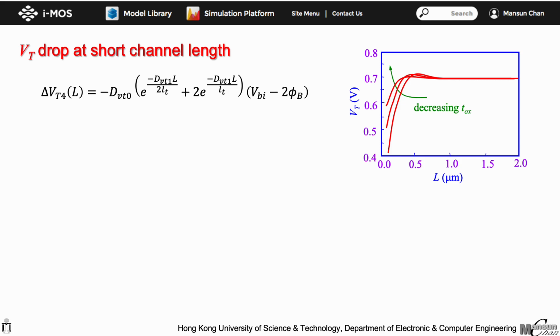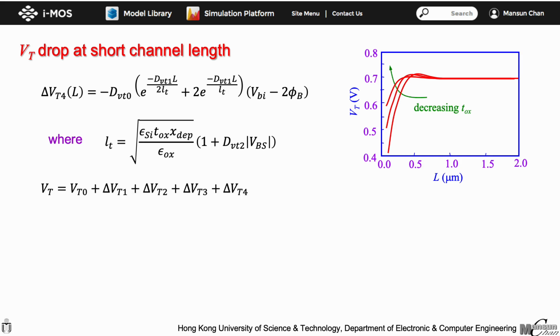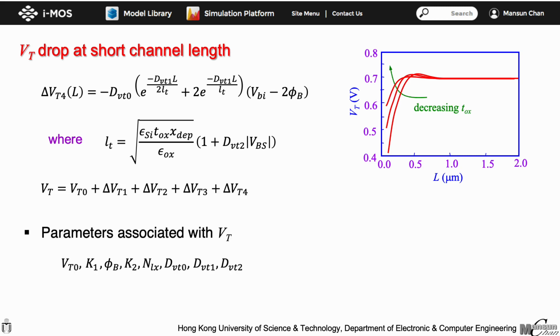In these expressions, three new parameters dVT0, dVT1, and LT are introduced. LT can be further expressed by the following expressions with another new parameter dVT2. After all, one more term is added to the VT expression, and the number of parameters associated with VT is increased by 3.